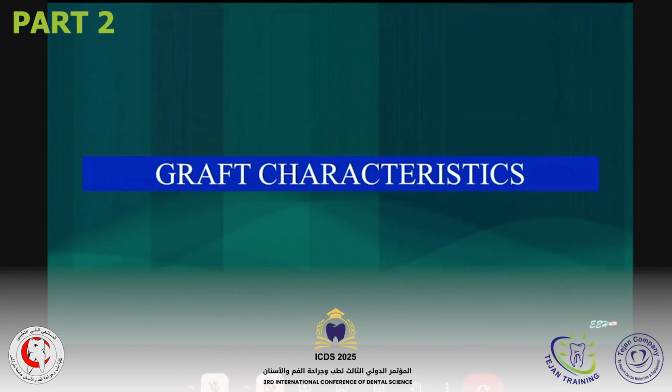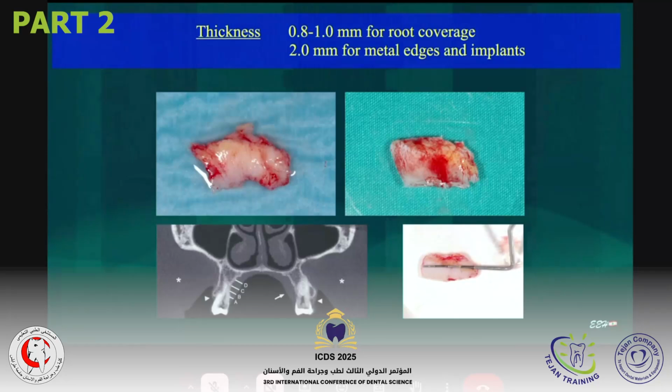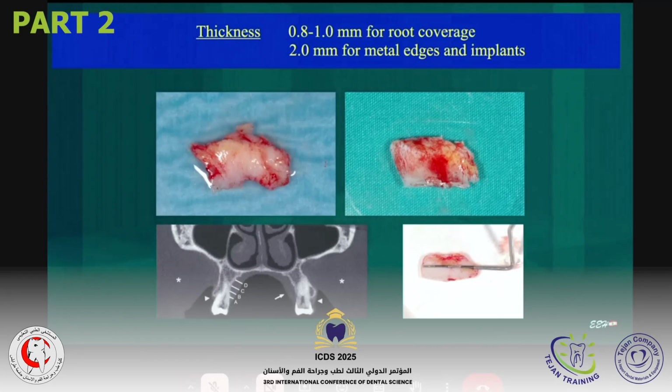Which characteristics should the graft have? It depends on the thickness. If I want to cover a root, I need 0.8 to 1 millimeter for this coverage. But if I need to cover a metal edge and implant, I absolutely need around 2 millimeters thickness for my graft.